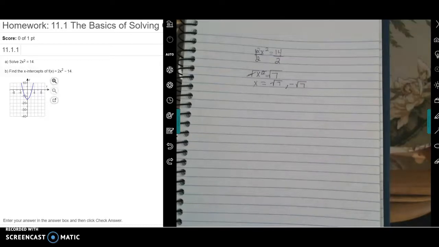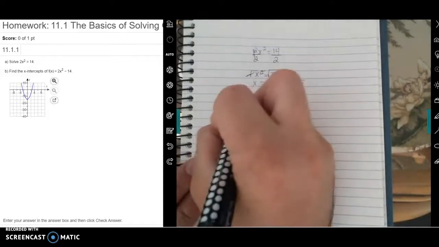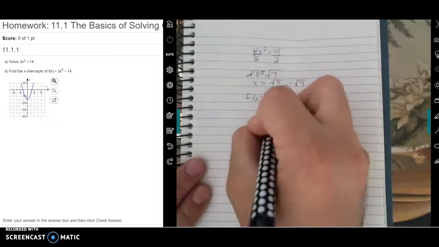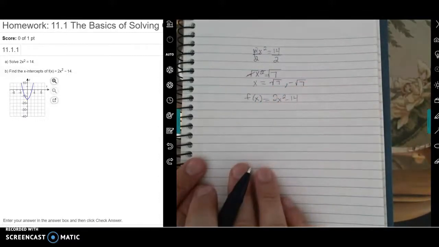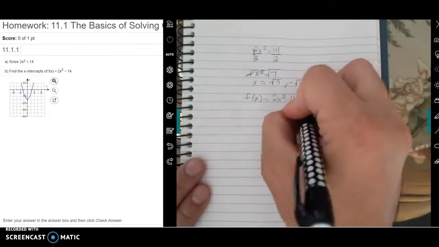The second part says find the x-intercepts of f of x equals 2x squared minus 14. Well, this is essentially the same thing as what we just did. So when you have f of x equals 2x squared minus 14, to solve these, you would first take this 2x squared minus 14 and you set it equal to 0.